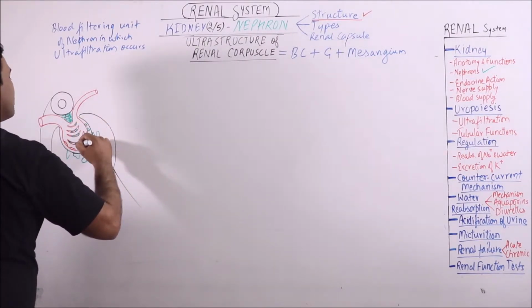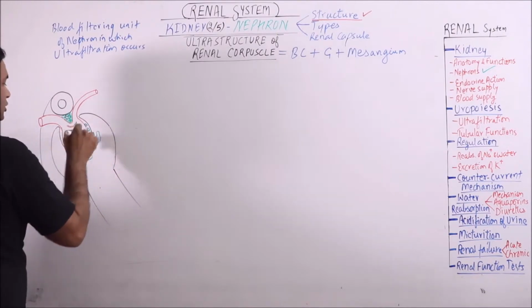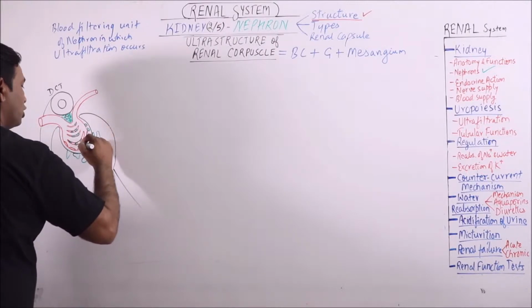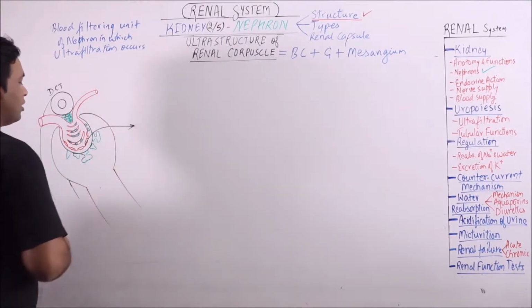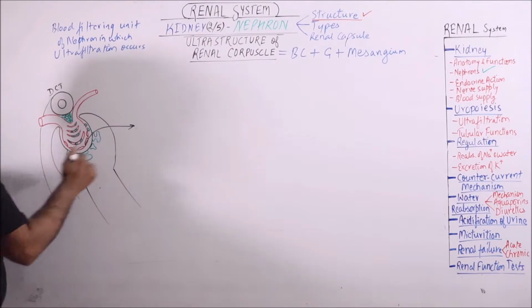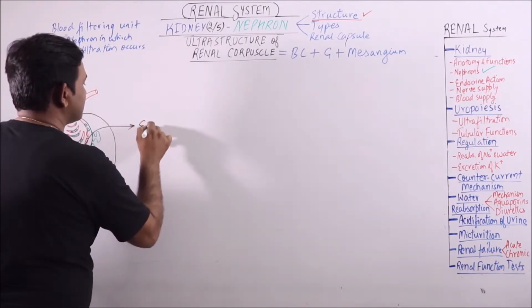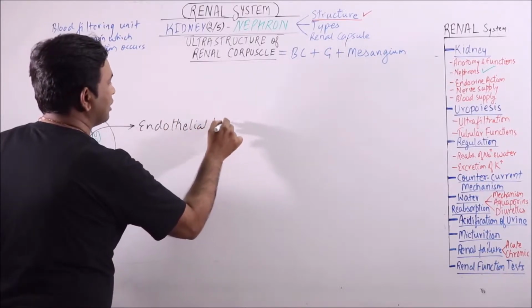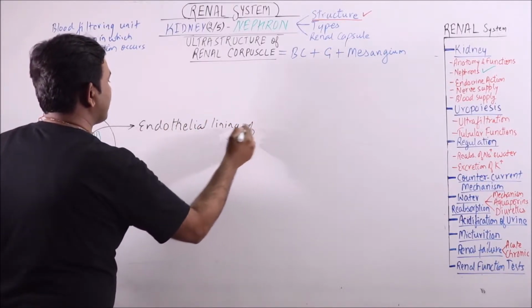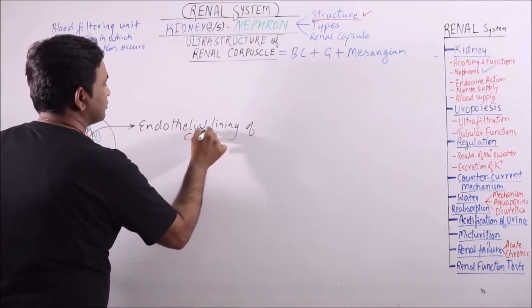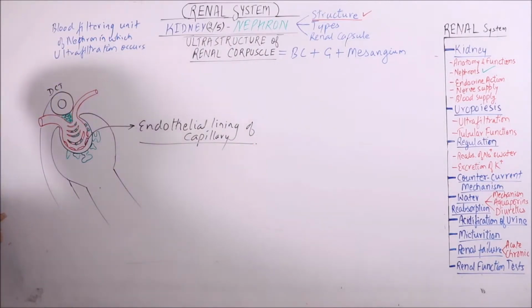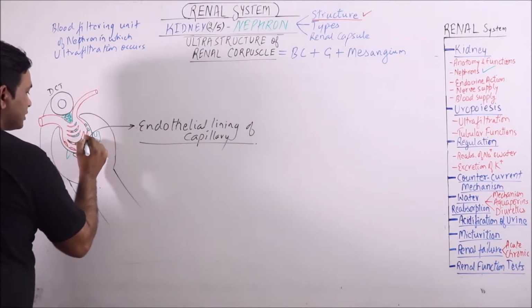Now this is the structure. This is the Bowman's capsule, this is glomerulus, and this is the DCT. Now this is glomerulus and this is the lining of capillary, that is endothelial lining of capillary. In between the endothelial cells there are some spaces.